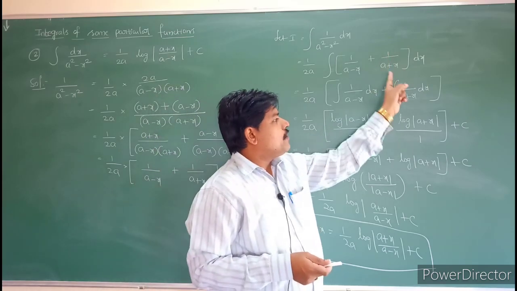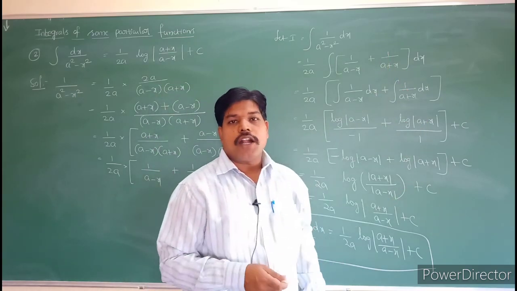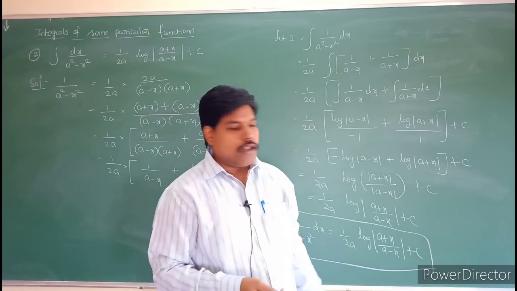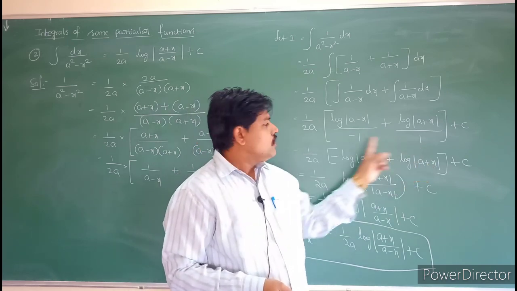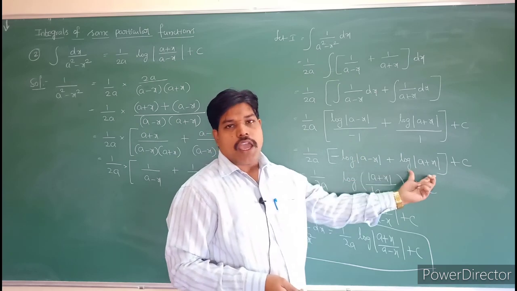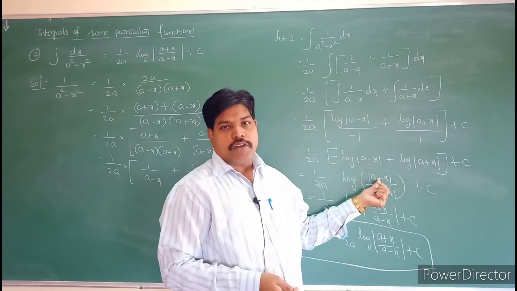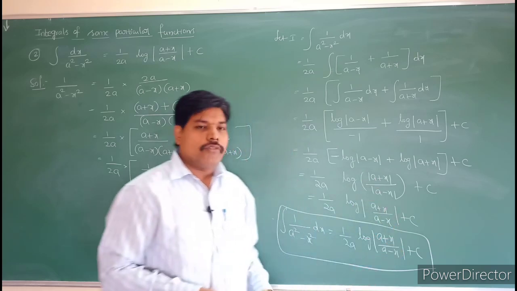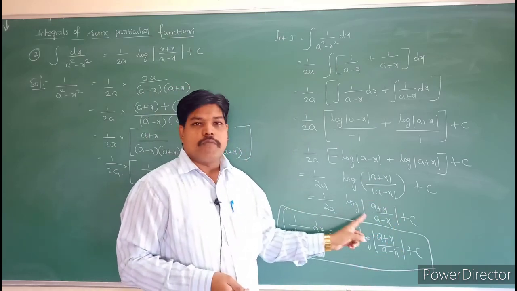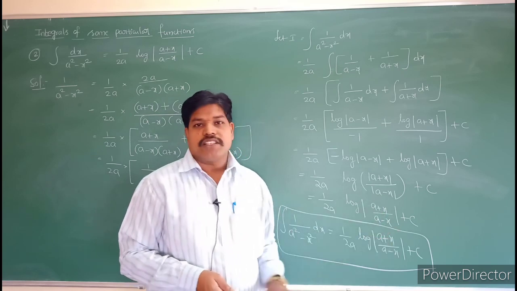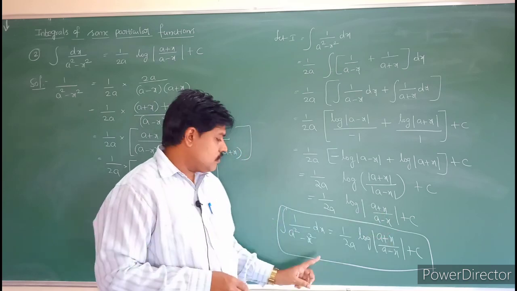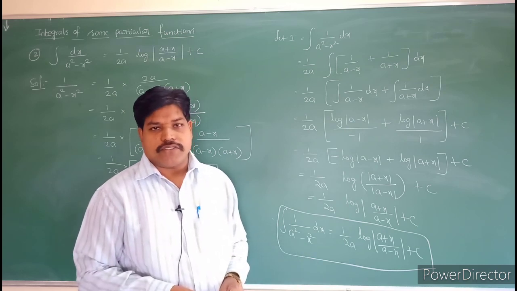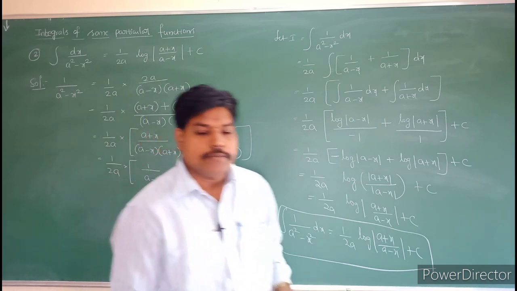The integral of 1 by a plus x is log of mod a plus x, and the derivative is 1, so you get that in the denominator. This is in the form log a minus log b, which you can write as log of a by b. So you get 1 by 2a into log of mod a plus x by a minus x plus c. So that is the formula. Important formulas you are going to use in the next exercise. Okay, so see that question, students.